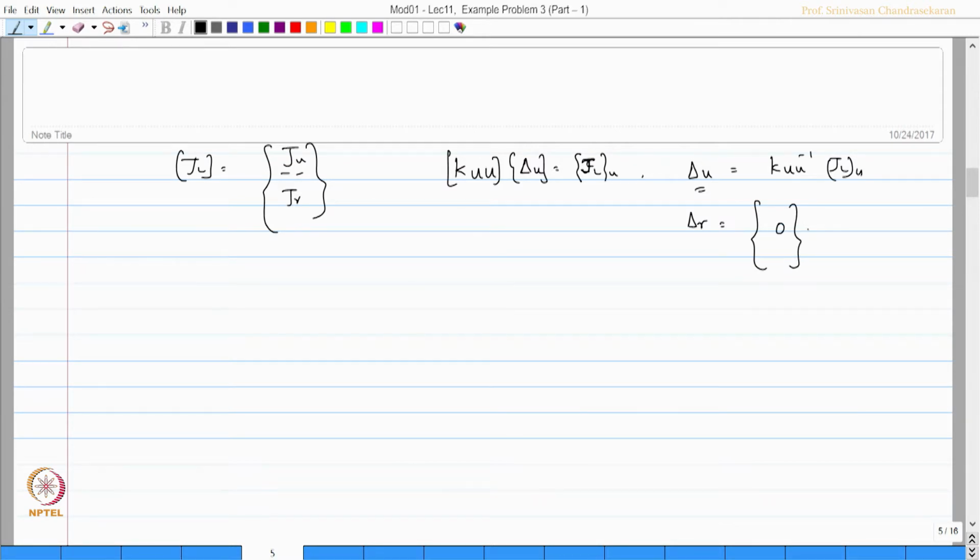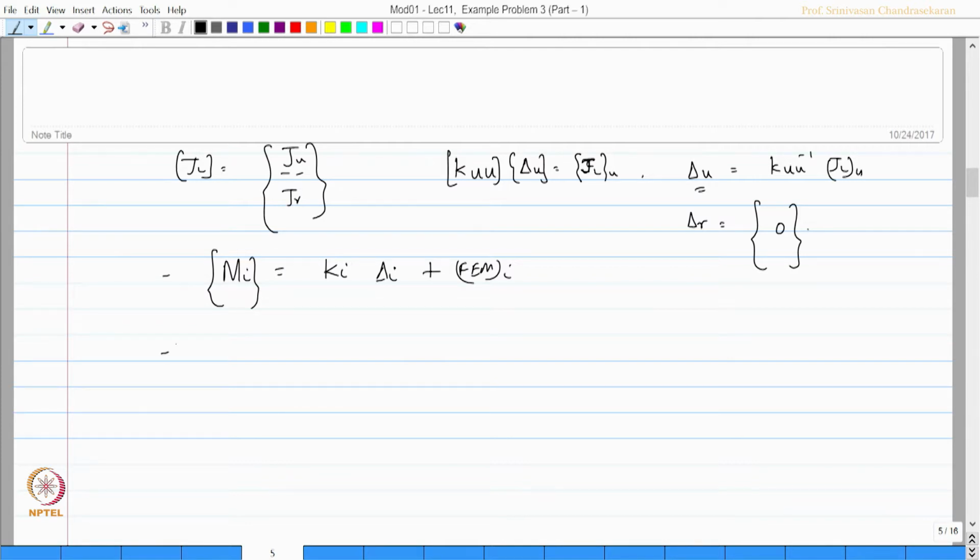Then we identified the end moments and end reactions of each member by using this algorithm, Ki delta i plus the fixed end moments of the ith member, and found the mi vector for every member.